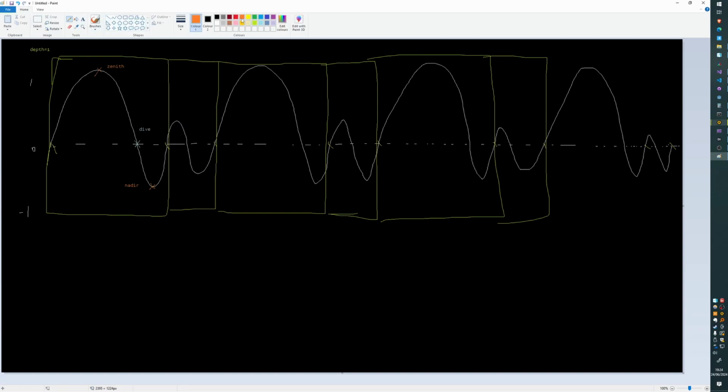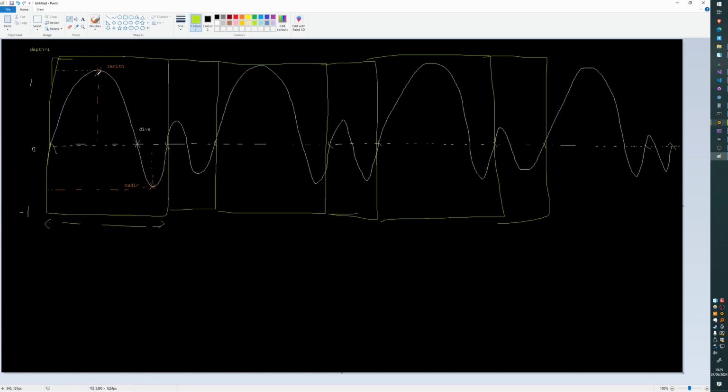And then I'm going to get a bunch of information about these points. So I want the value of this zenith, and I want the distance from the left-hand edge, and I want the value of the nadir, and I want the distance again from the left-hand edge, and I want the distance of the dive from the left-hand edge, and I want the width of the wave cycle here.